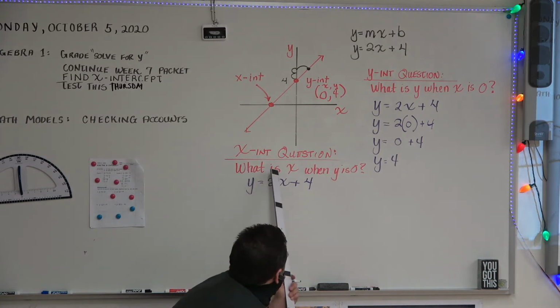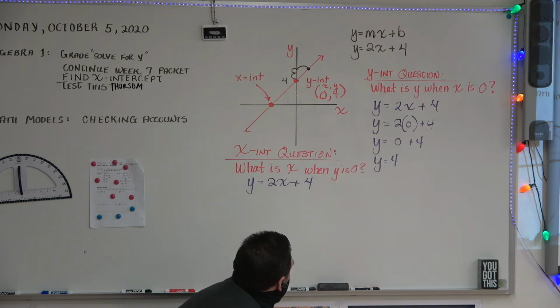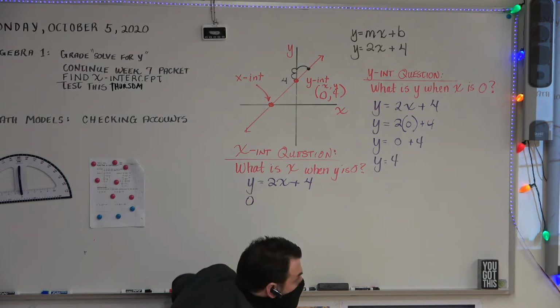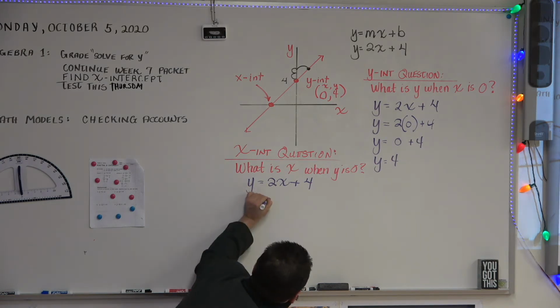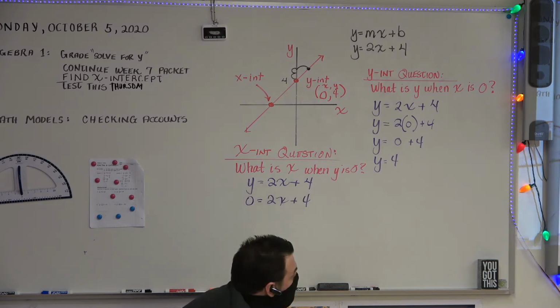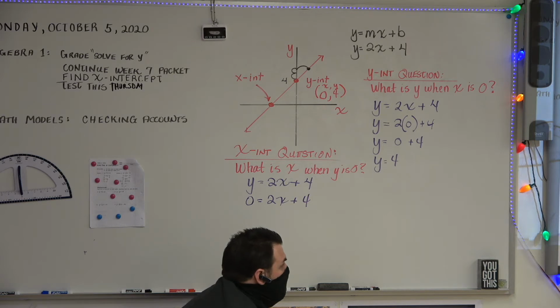So I want to know, someone read this again. What is x when y is 0? So I'm going to make y be 0. So 0 = 2x + 4. Now how do I solve? I want x by itself. What do I do? We've been doing this for weeks.